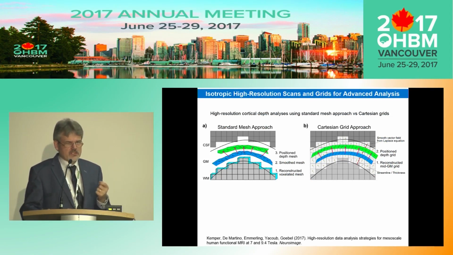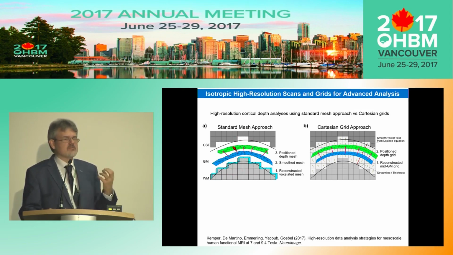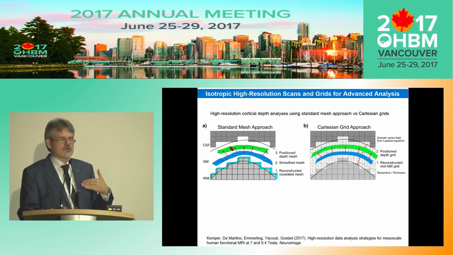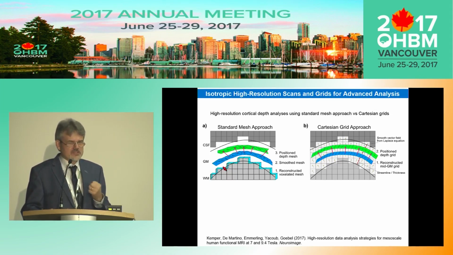Currently, most approaches use the so-called mesh approach. You have a voxelated segmentation of white matter and gray matter and CSF, and you use, either in the middle or at the white matter, the voxel surface itself, then smooth it and move it up and down to estimate the depths and sample from different depth levels. We also use this approach, but we found that because you start with a voxelated representation and then smooth it, you get very irregularly spaced vertices in your meshes.